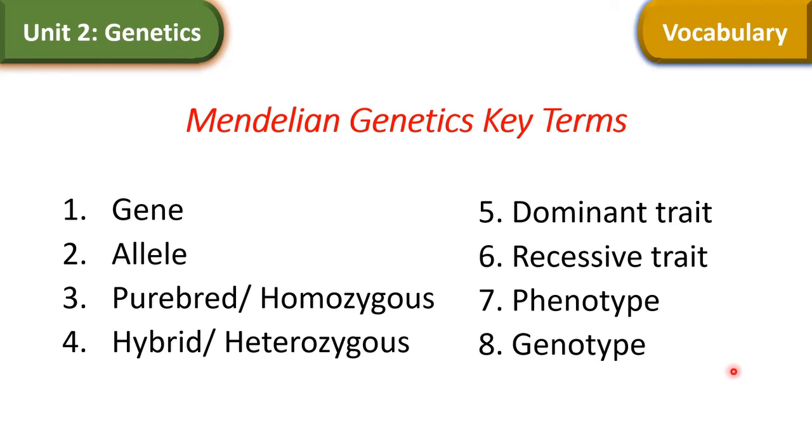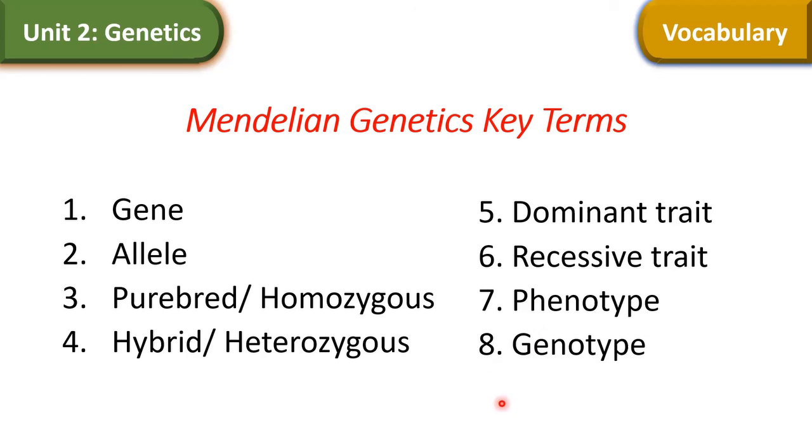Before we go to part 2 of your lesson number 4, let's have first a short recap of the key terms. We have gene, allele, purebred, hybrid, dominant trait, recessive trait, phenotype, and genotype.